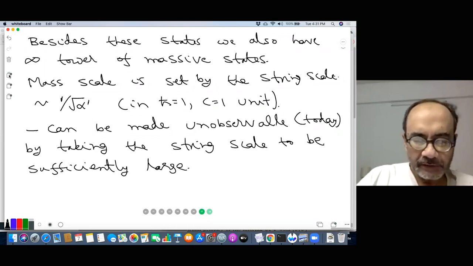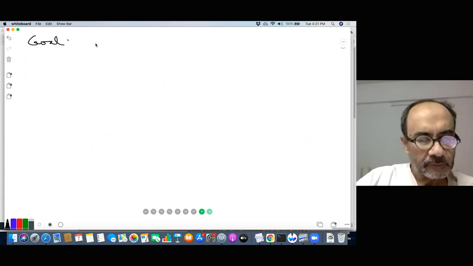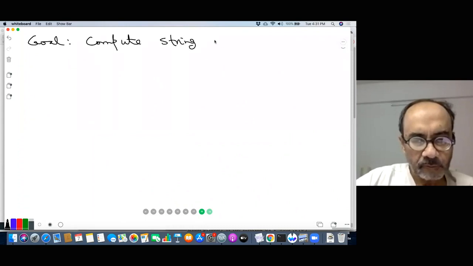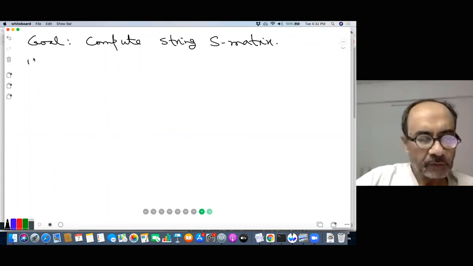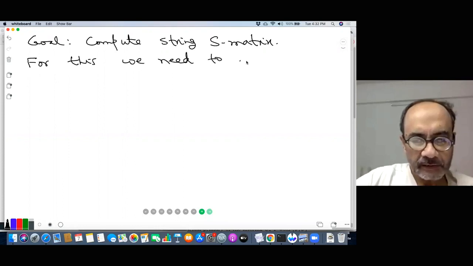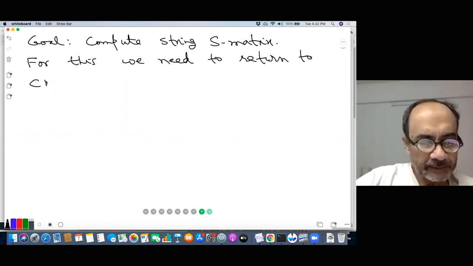So the goal is to compute the S matrix. And so for this, we need to return to CFT correlators.